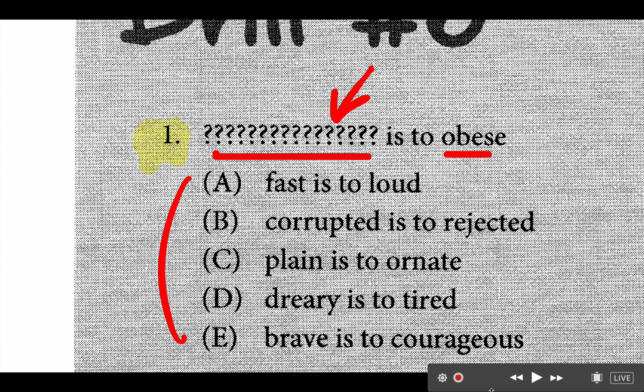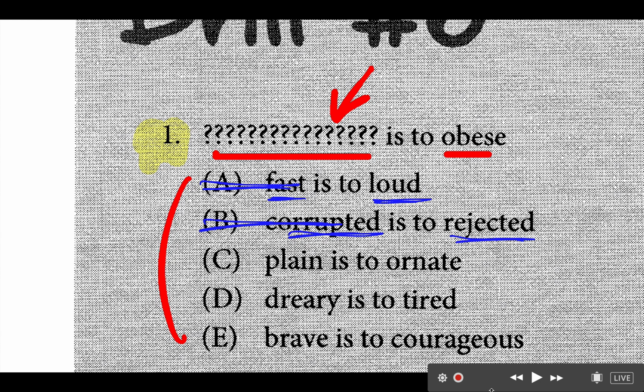But the first thing that you are going to do is look at the answer choices and eliminate any answer choices that don't seem to have a clear relationship, that seem to be either not clearly connected or loosely connected. So fast and loud are not directly connected, so we're going to eliminate that one. Corrupted and rejected, there's not a clear relationship between those two, so that one is out.